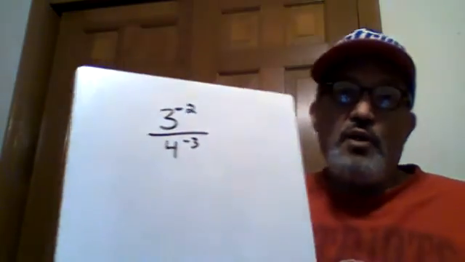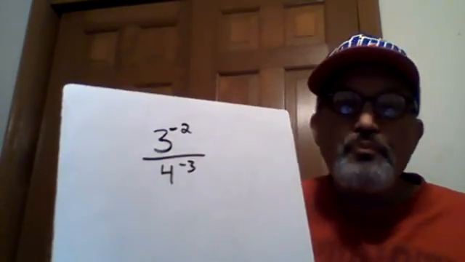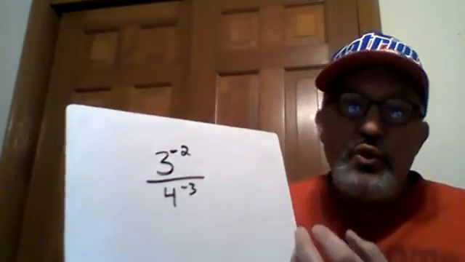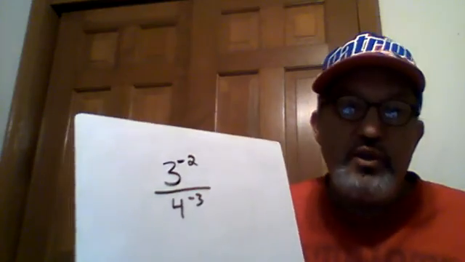That should work. Sometimes they give you really crazy things, like 3 to the -2 over 4 to the -3. Something crazy like that. Well, 3 to the -2 is equivalent to 3 to the 2 in the denominator.